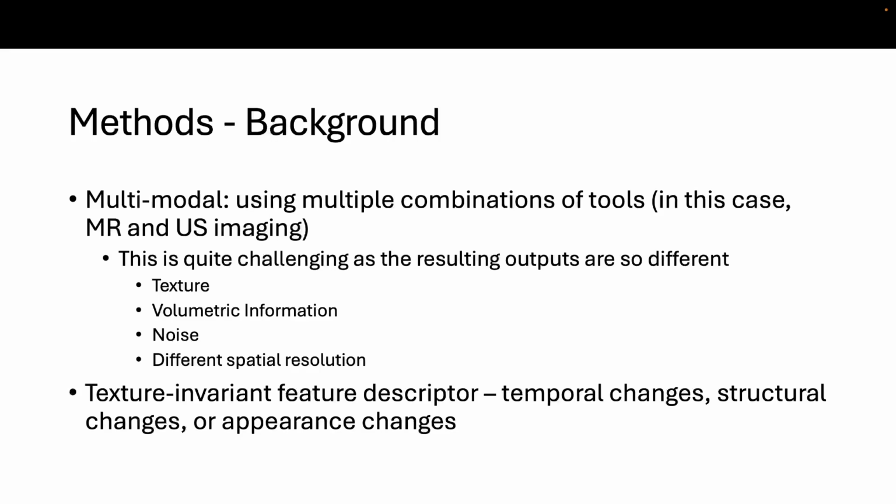As you'll see in a bit, ultrasound images have a wedge shape due to how the sound waves are emitted and transmitted back, and MRI images have a more standard rectangular shape that can display the brain. The images also have different spatial resolution, and there's a lot of noise associated with the ultrasound images.